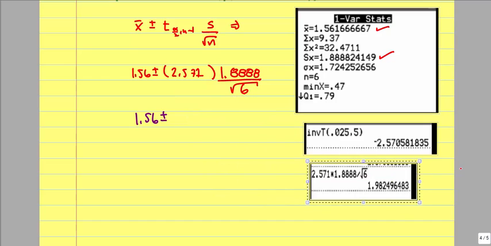Okay, so if we round that to 3 places, that would be 1.982.